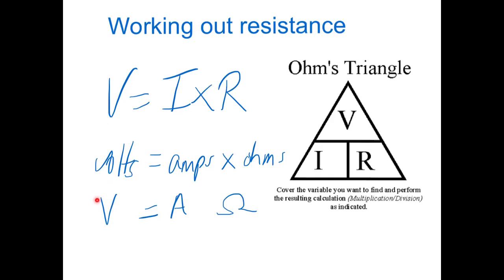And here are your SI symbols, so volts V, amps is A, and this is ohms, the symbol for resistance. So you've got your terms in the equation, the actual names of those terms, and then their units.